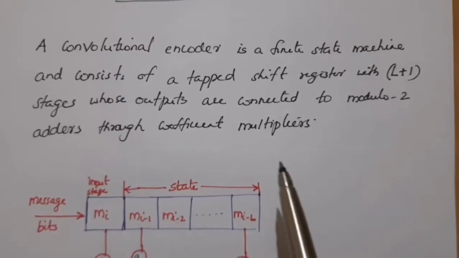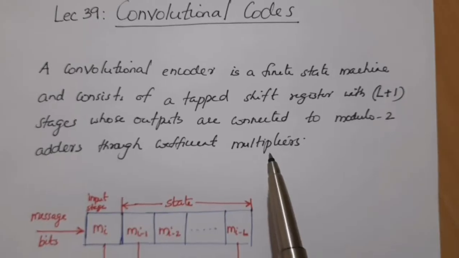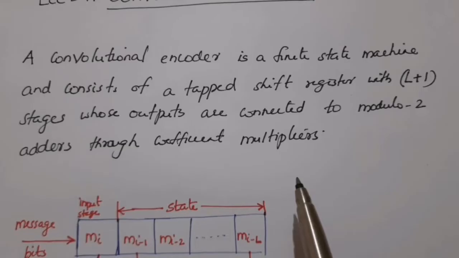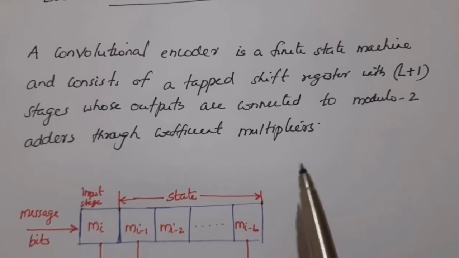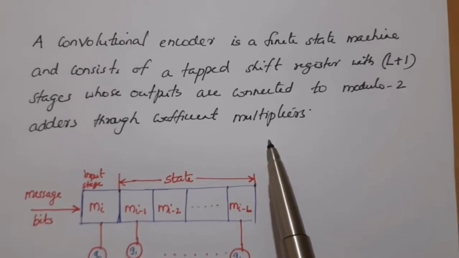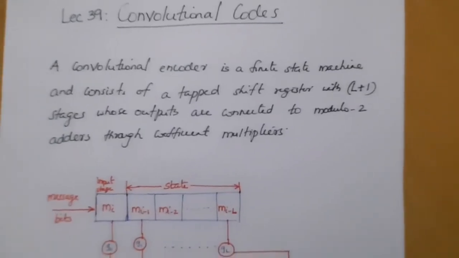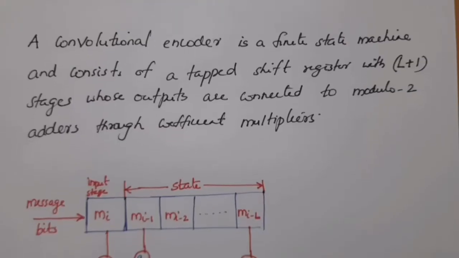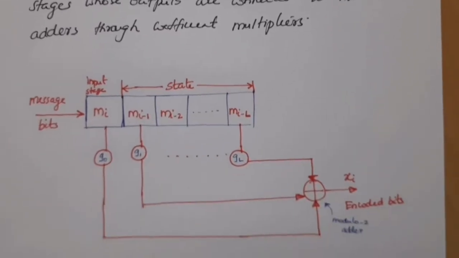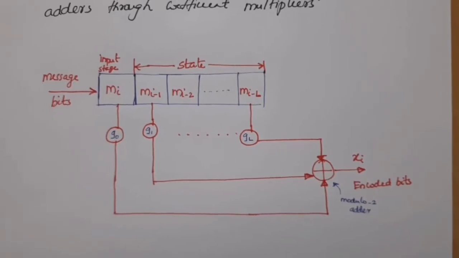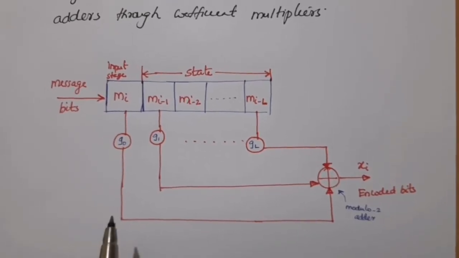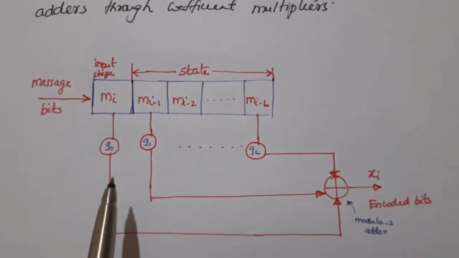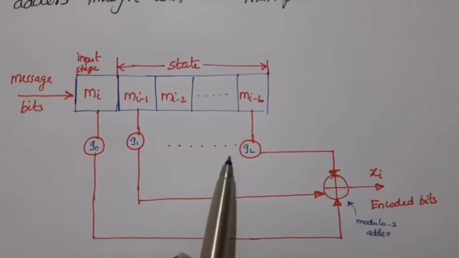A convolutional encoder in its simplest form is a finite state machine and consists of a tapped shift register with L+1 stages whose outputs are connected to modulo 2 adders through coefficient multipliers. Since the message bits as well as the coefficients G0, G1, etc. GL are all binary numbers, the arrangement is just a binary FIR filter whose finite impulse response is given by the coefficients G0, G1, etc. GL.